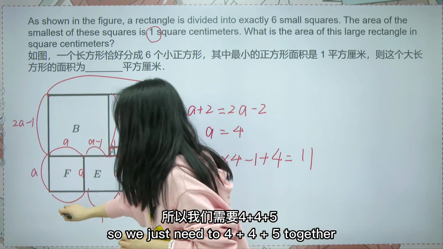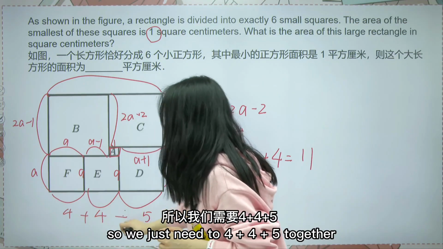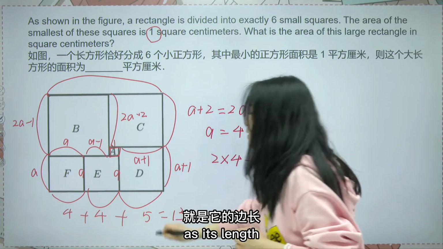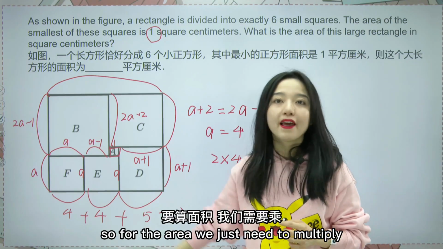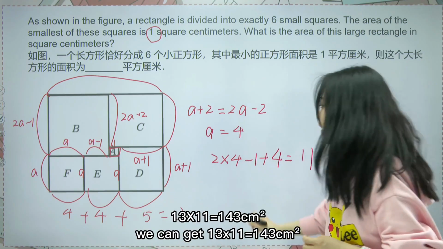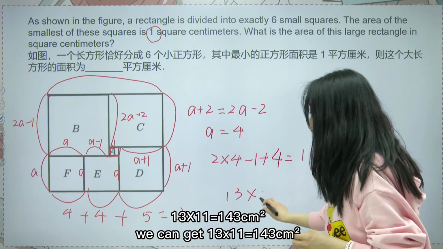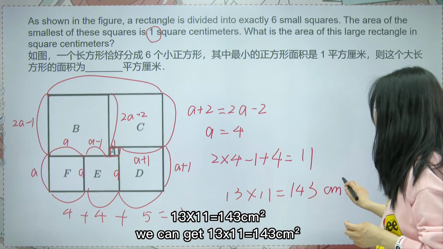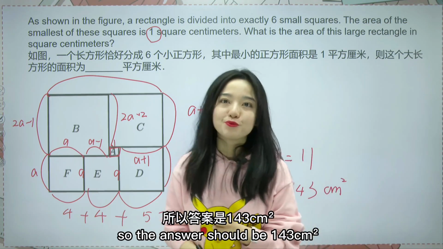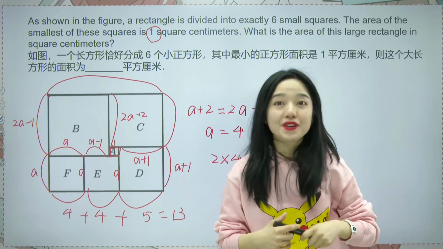So we just need to add 4 and 4 and 5 together. We can get 13 as its length. So for the area, we just need to multiply 13 and 11 together. We get 13 times 11 equals 143 square centimeters. So the answer should be 143 square centimeters.